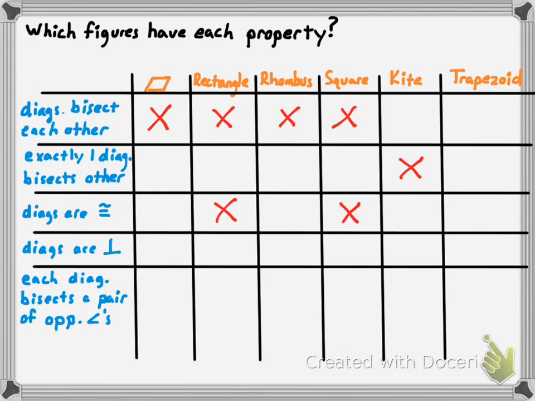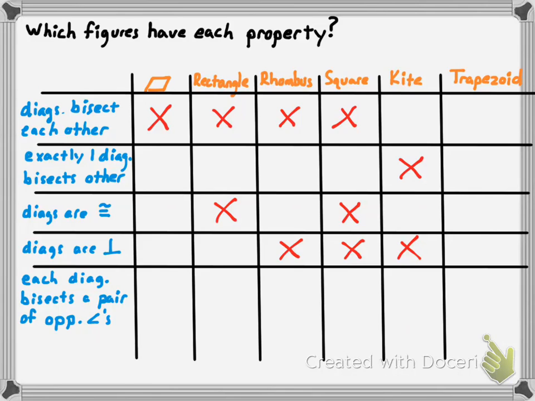All right, perpendicular diagonals. Well, perpendicular diagonals is a quality that always pertains to a rhombus, and it always pertains to a square. And then it turns out it always pertains to a kite as well. And in which of these figures does each diagonal bisect a pair of opposite angles?